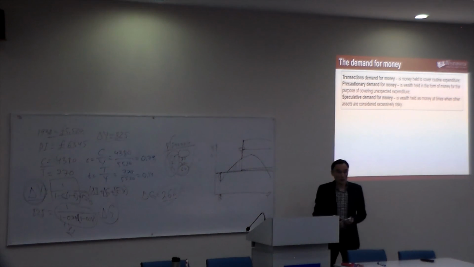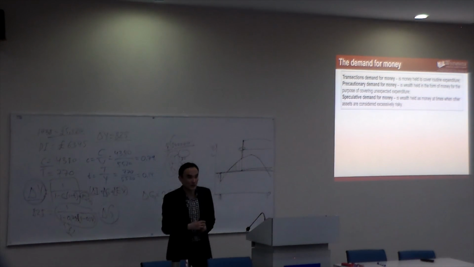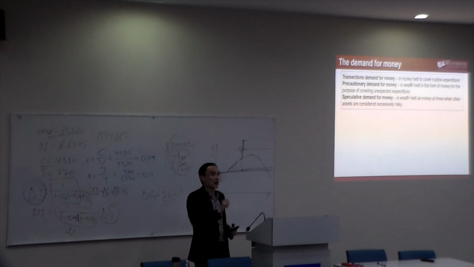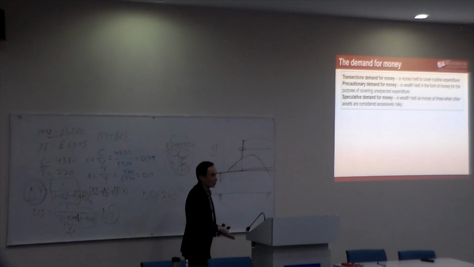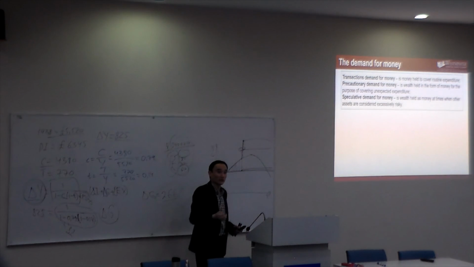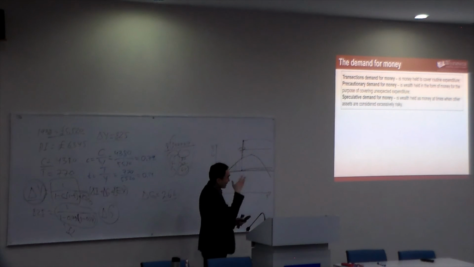Because we are all human, there is a likelihood of becoming sick, so there must be some cash available to go to the doctor. Or you may expect some guests whom you have to take to the restaurant. So for these kinds of things we keep cash.